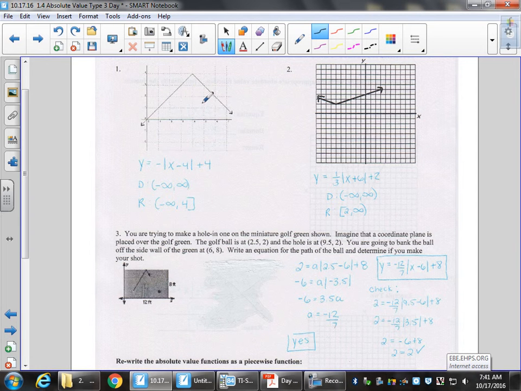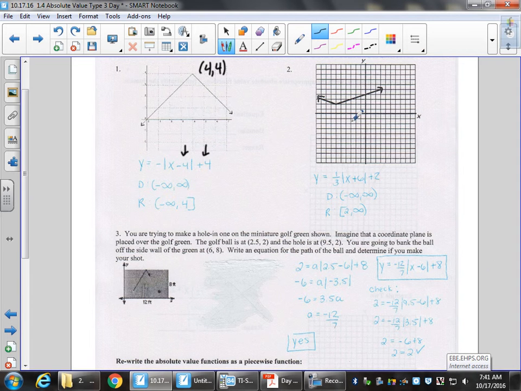So 4 would fit in right here. Are we matching for numbers 1 and 2 on the back? If not, let me know. We'll talk about them.